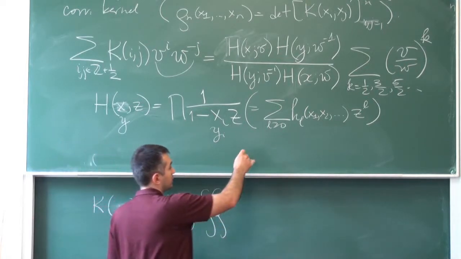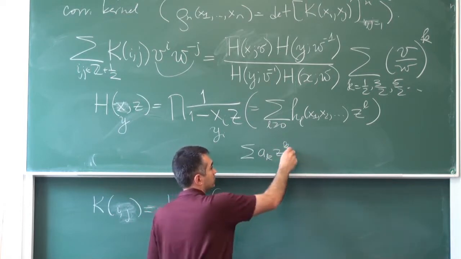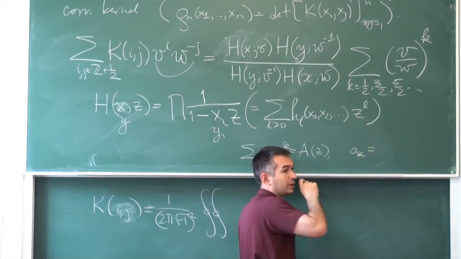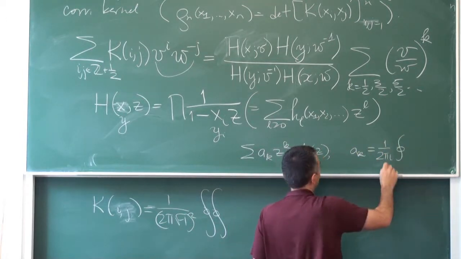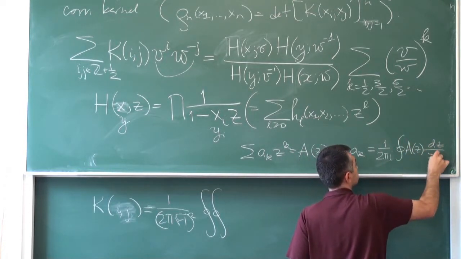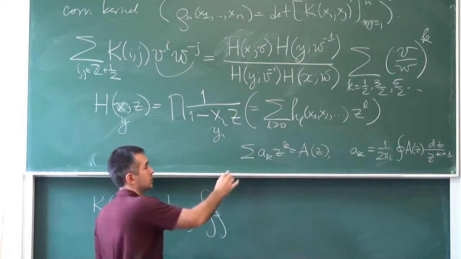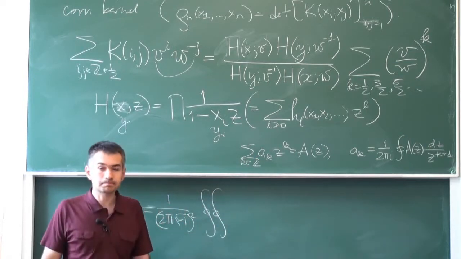So I'm using the fact that if you have a power series, which is, let's say, A of z, then you can extract a_k, if you have no convergence issues, as a contour integral of this form. So just a simple residue calculus. Well, okay, k is an integer.